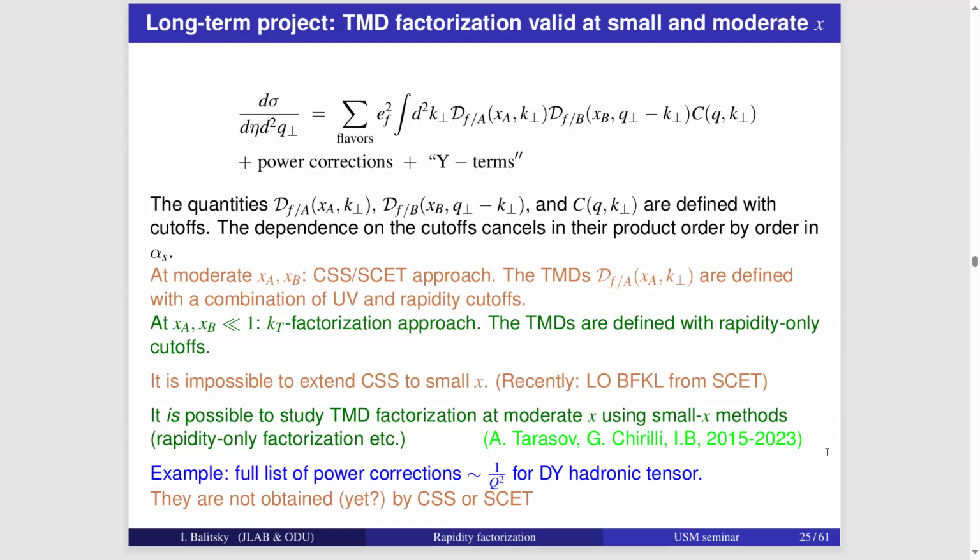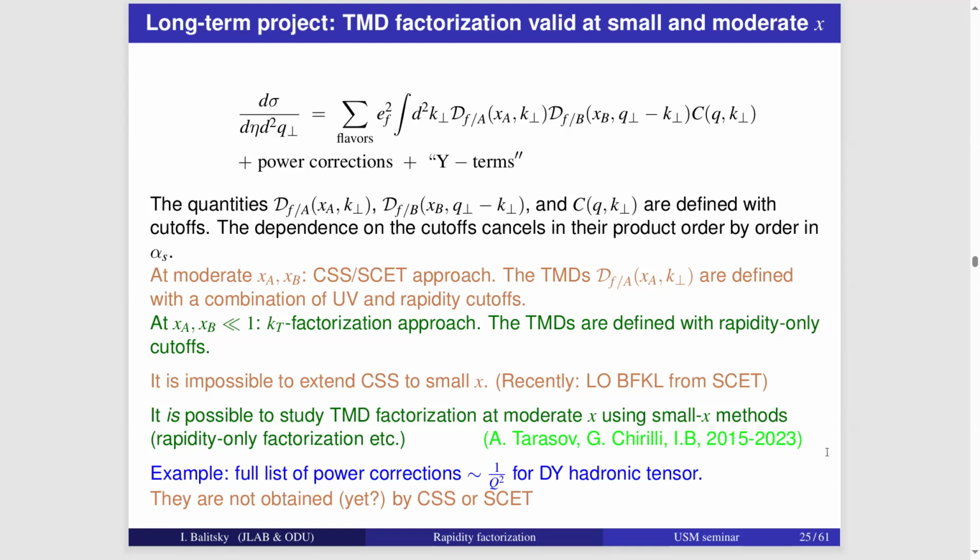I would say that it's impossible to extend CSS to small x. Collins-Soper-Sterman factorization is based on the following idea. All the momenta in the diagram you consider are multiplied by some large number.